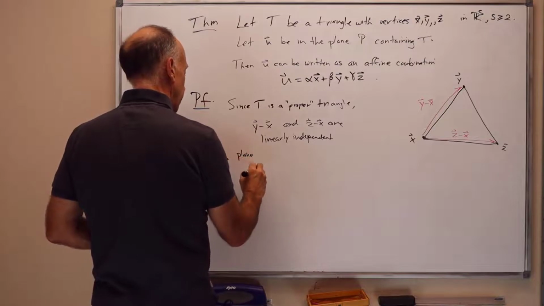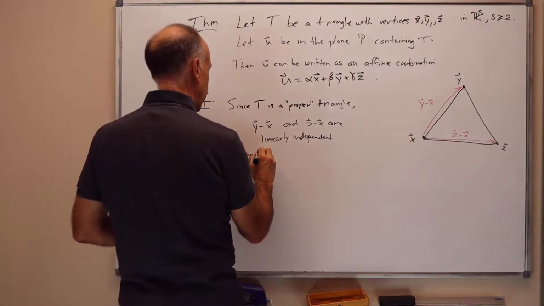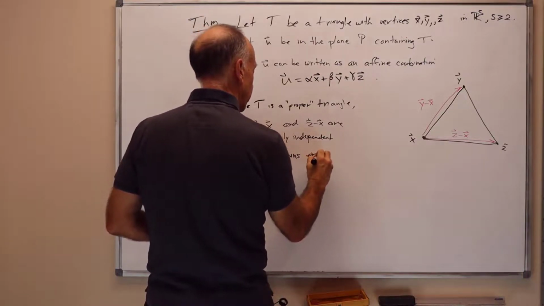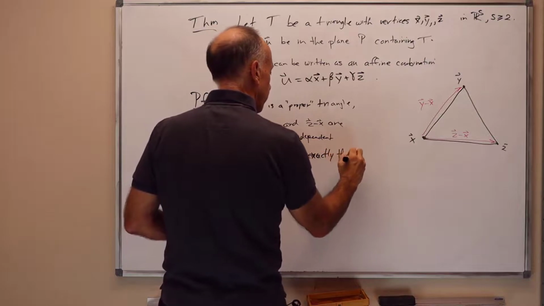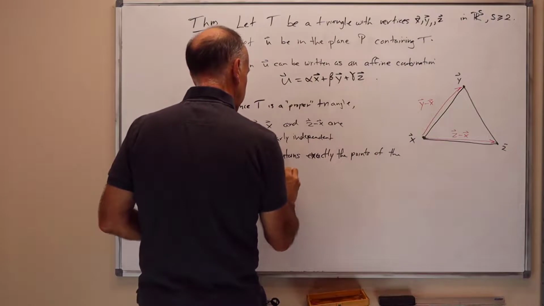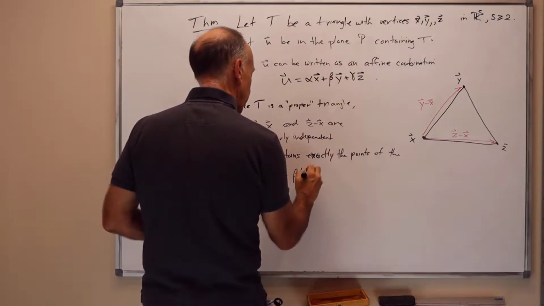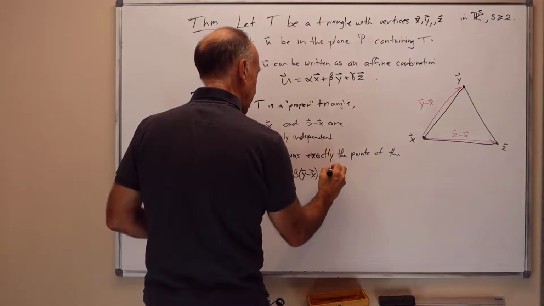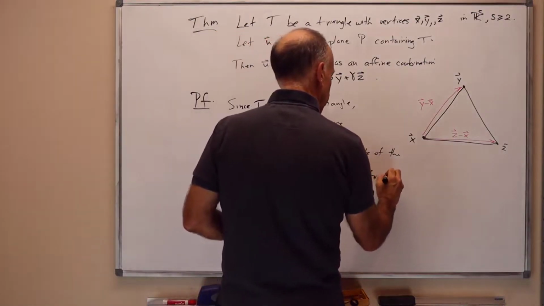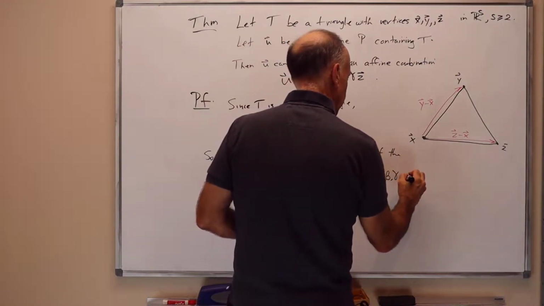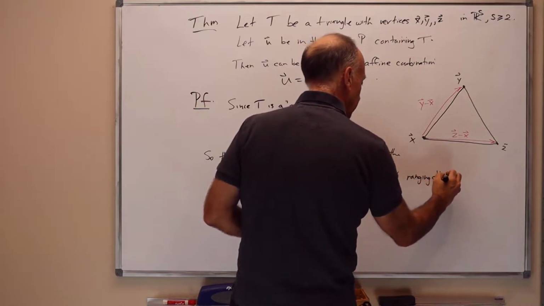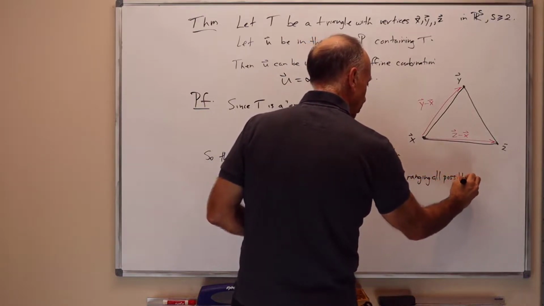So the plane P can be characterized in the following way. The plane P contains exactly those points of the form x plus beta times y minus x plus gamma times z minus x for beta and gamma constants, scalars, ranging over all possible real numbers.